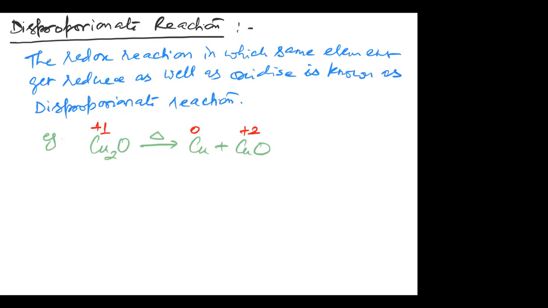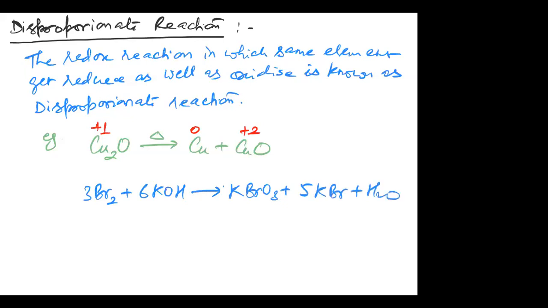Similarly, let's say Br2 in a balanced reaction with 6KOH. It will give KBrO3 and 5KBr plus H2O. Here the oxidation number of bromine is 0.